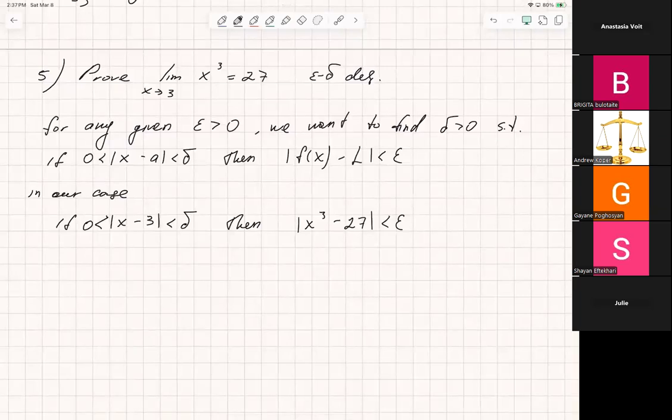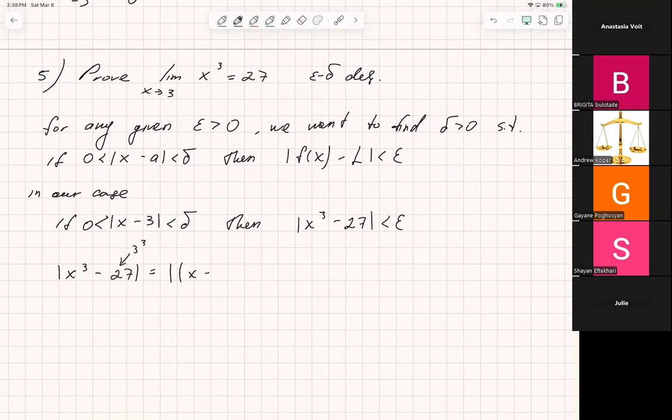So now for this one, let's just apply the difference of cubes, right? We want something in the then statement that is in terms of x minus 3. We want to have some factor of x minus 3 there. So we have x cubed minus 27, that's the same thing as x cubed minus 3 cubed, right?